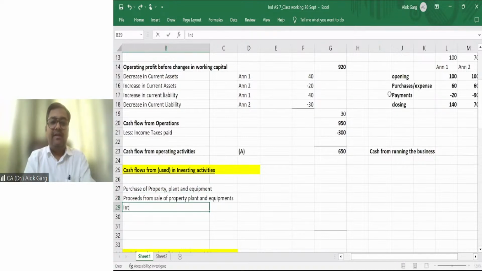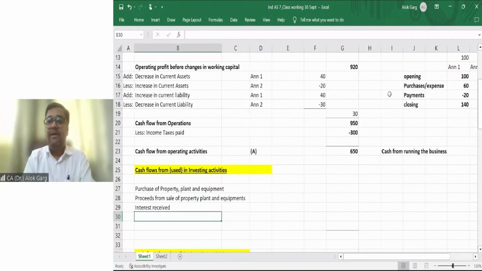Your interest received: the company has also deposited surplus money in the fixed deposit, so interest received. The company has also deposited surplus money in mutual funds or in the shares of Infosys or listed companies. So dividend received, interest received, right?